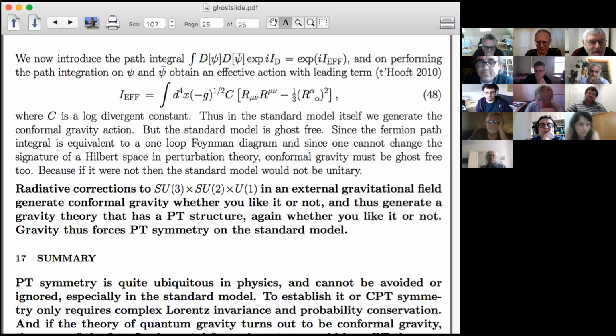Of course. The 1/(k² − m²) propagator is completely causal. It doesn't take support outside the light cone. Whether you have 1/(k² − m₁²) plus 1/(k² − m₂²) or 1/(k² − m₁²) minus 1/(k² − m₂²), both cases are causal.